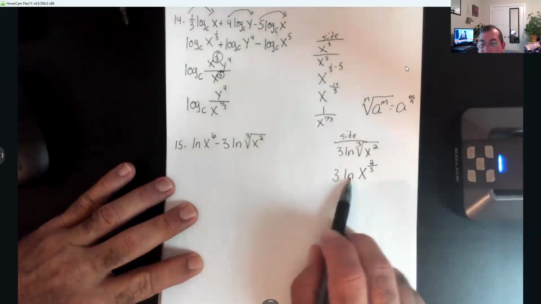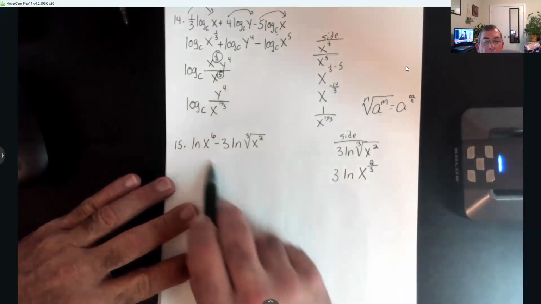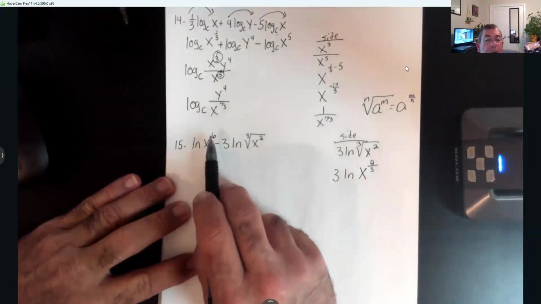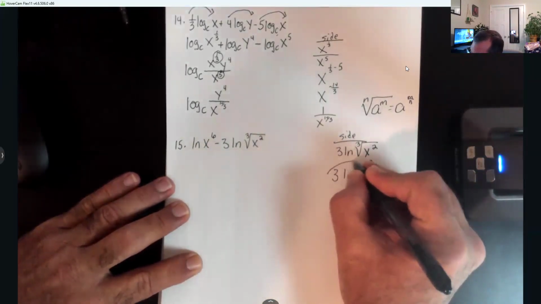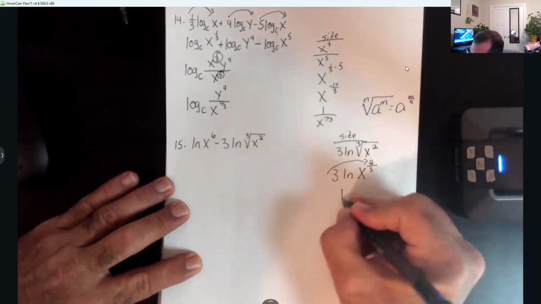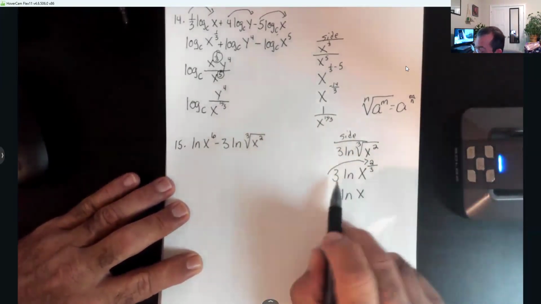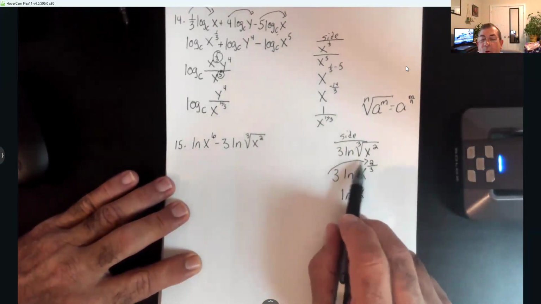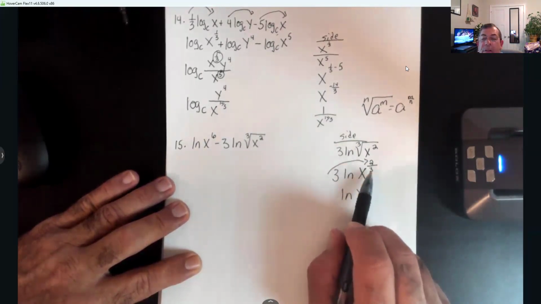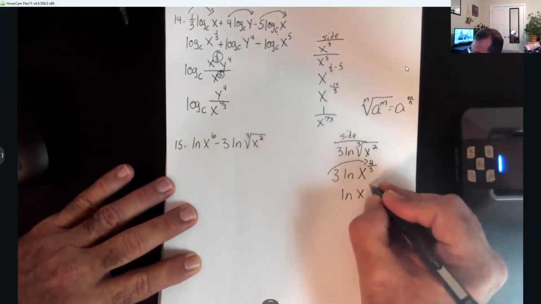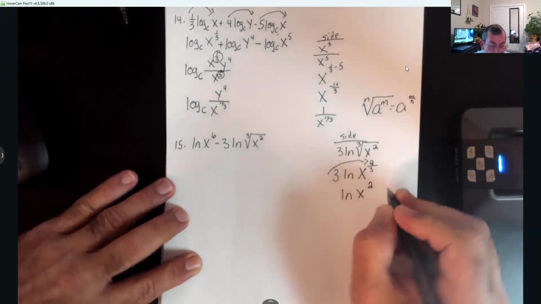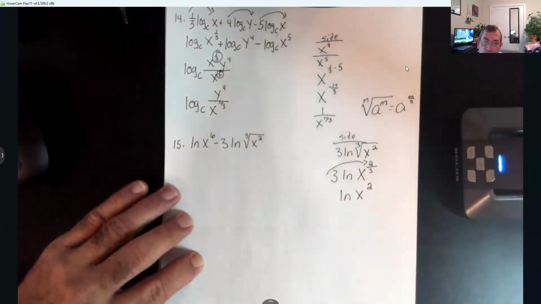All right, so simplifying this now, well, the 6 is already brought up over here, so we got to bring this 3 up over here. So I get a ln x. Now, when you bring the 3 up, it gets multiplied by the 2/3. And 3 times 2/3 gives me an exponent of a 2.